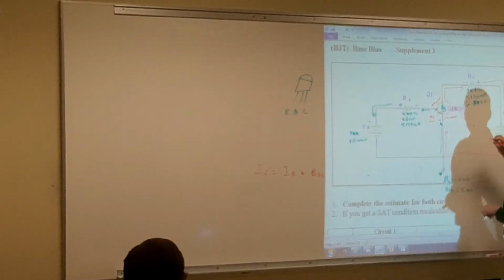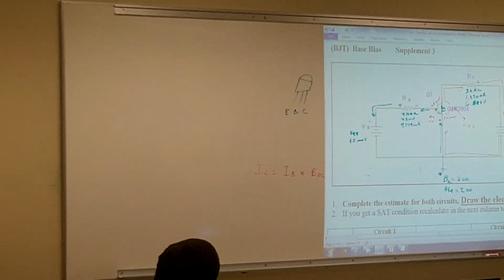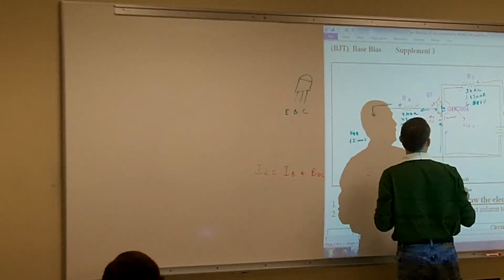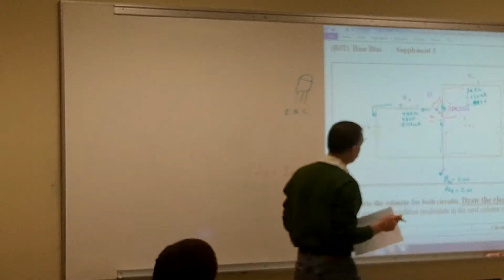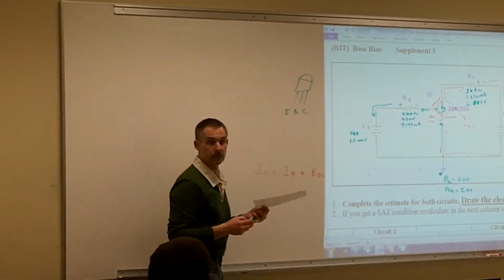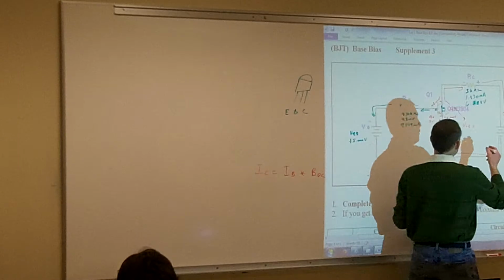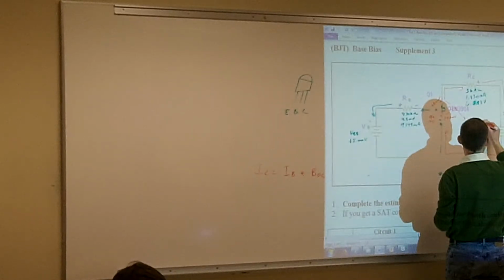Is it positive or negative? We know my current is going, here's my polarity across my collector to the emitter, so is that going to be positive or negative? Positive. So my collector to the emitter voltage is going to be positive.